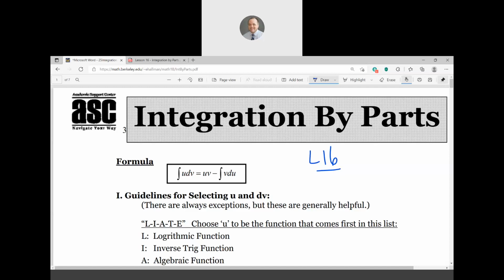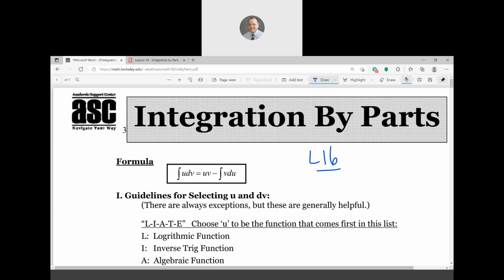The second method was to use substitution. And then the last method we talked about was using various formulas, trig identities, and algebraic manipulation like completing the square.